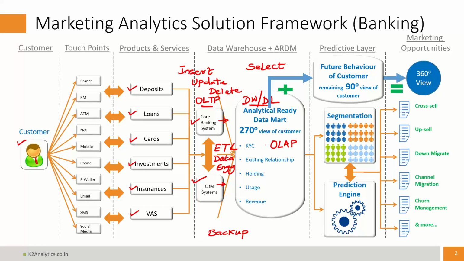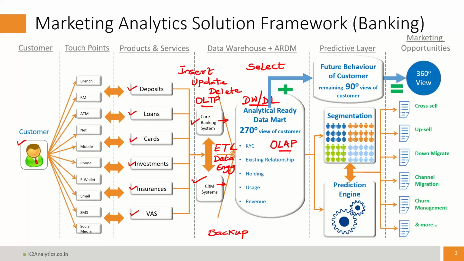This analytical processing means I should be able to get reports and dashboards very quickly from the warehouse. I should be able to do analytics, predictive analytics, use machine learning on that data easily. So those are the applications, and the design to be followed is OLAP design.